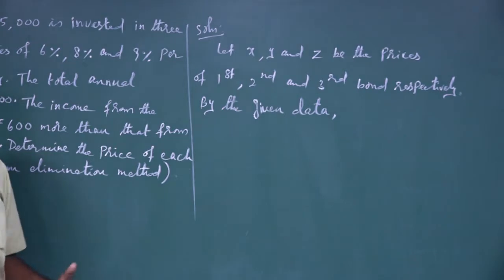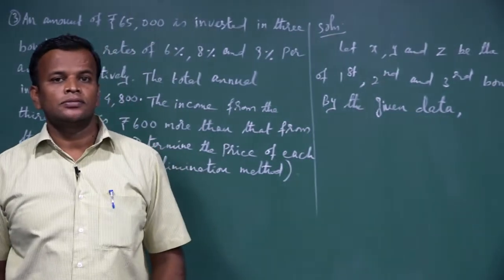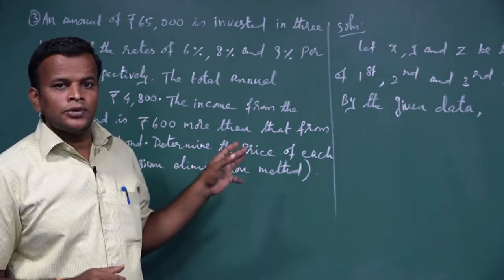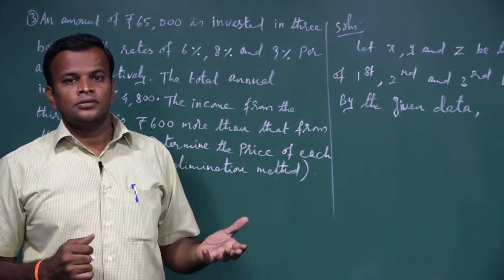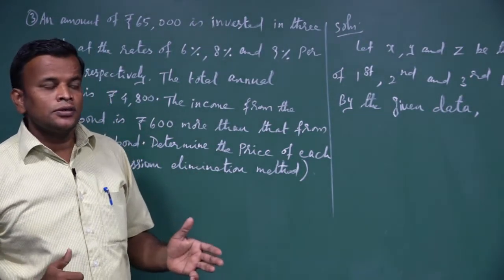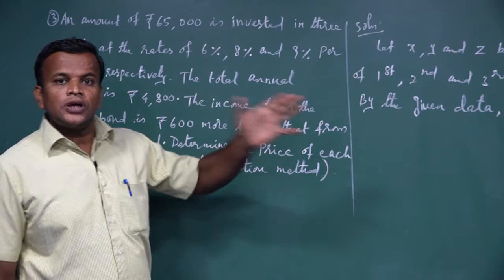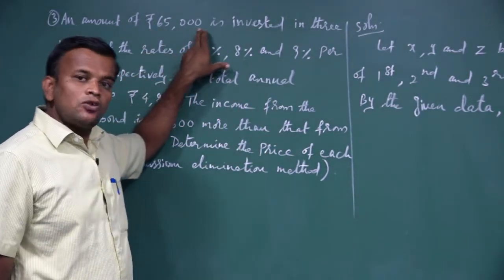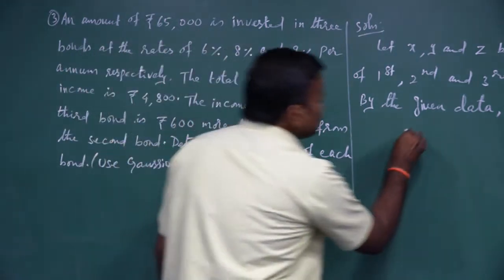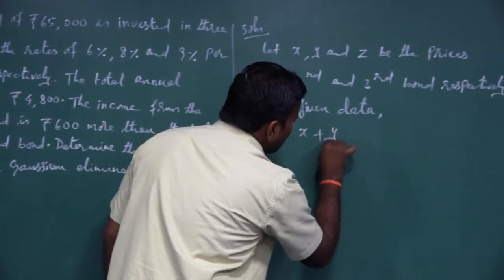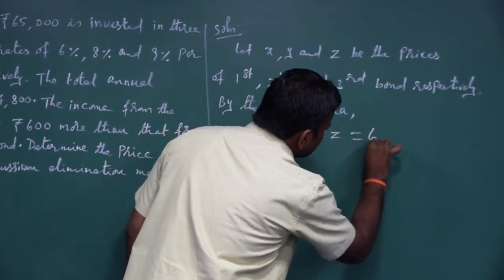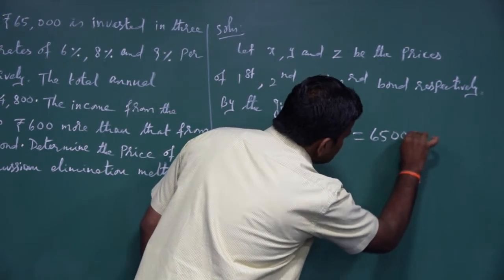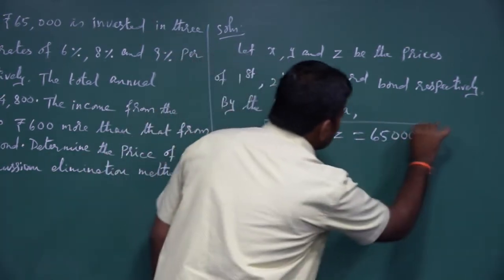We first frame 3 equations. This is the first step in a word problem. What is the first equation? In 3 bonds, the amount invested is rupees 65,000. So X plus Y plus Z is equal to 65,000.